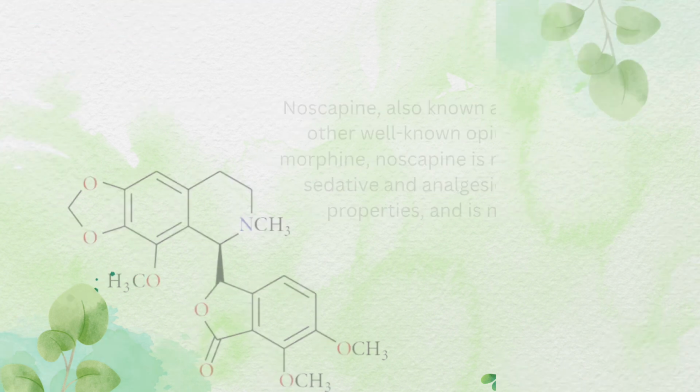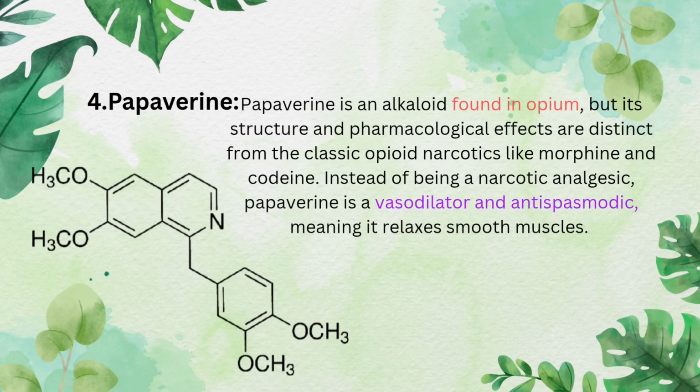Fourth is papaverine. Papaverine is an alkaloid found in opium, but its structure and pharmacological effect are distinct from the classic opioid narcotics like morphine and codeine. Instead of being a narcotic analgesic, papaverine is a vasodilator and antispasmodic, meaning it relaxes smooth muscles.